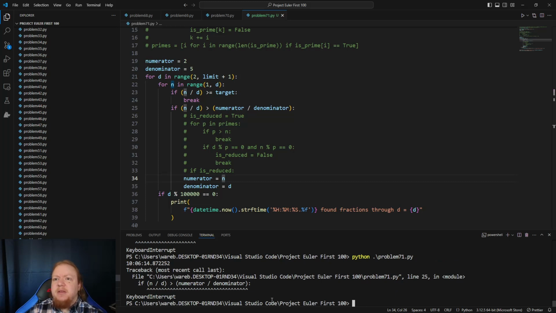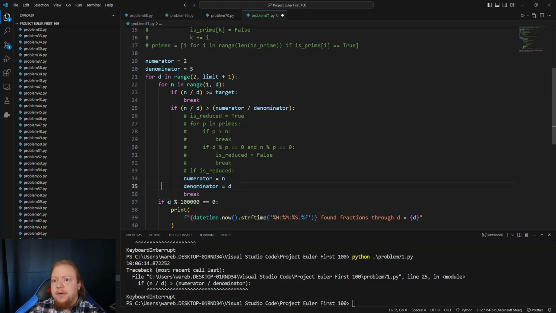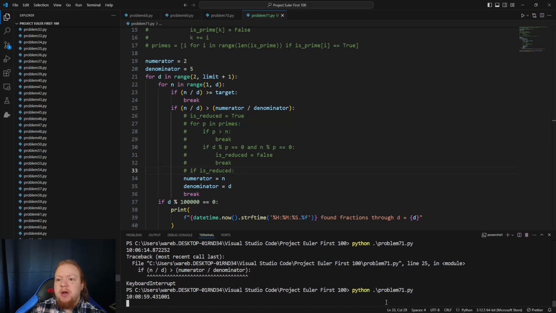And see if that makes this significantly faster. Okay, so I am also going to add a break statement here. Not having all of this check, it might make it so that we get the incorrect answer, but it should also make us a lot faster, so let's just see what answer we get.